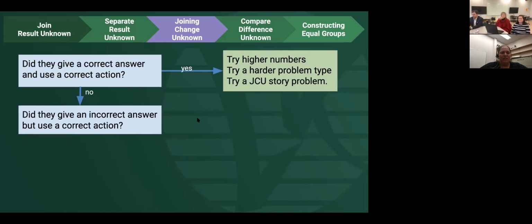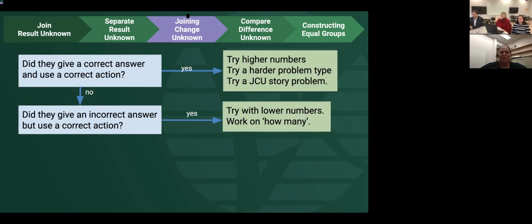If they're not correct, do they use the right action? Is there a joining action in there? If yes, but they're just counting incorrectly, then you could try working with some lower numbers and continue to work on those how many skills, because it's probably those that are getting in the way.